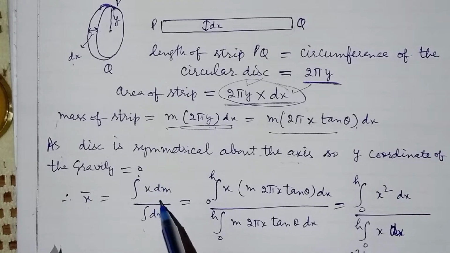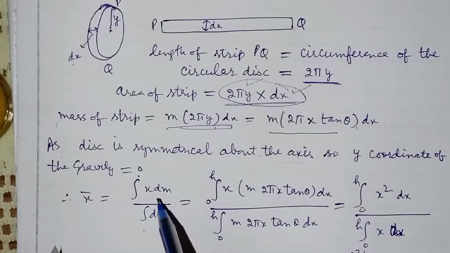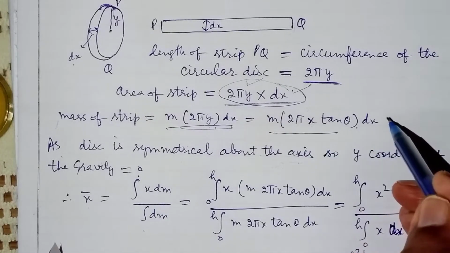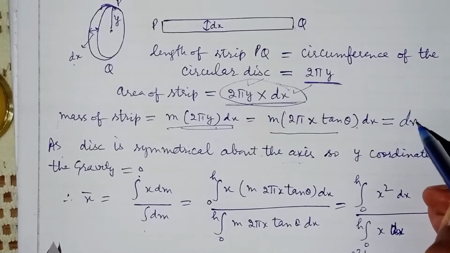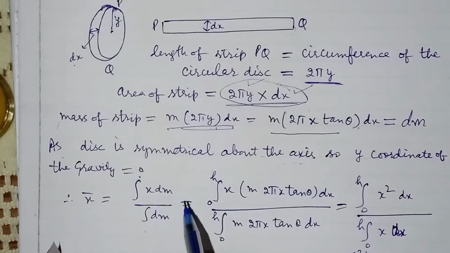Dm is the mass of the strip or circular disc that we have taken out from the cone. So simply put the value of dm, this one, this is dm, mass of the strip, and simply put the values of dm in the numerator as well as denominator.